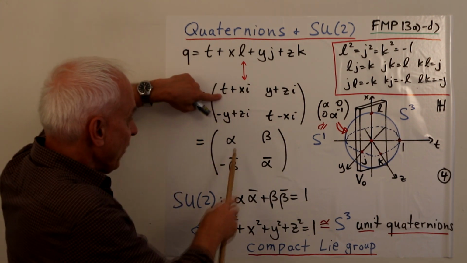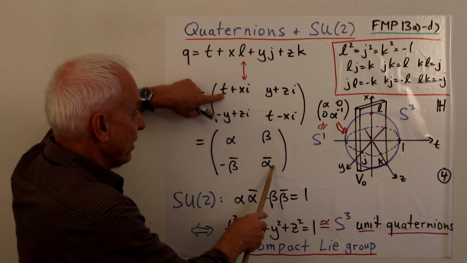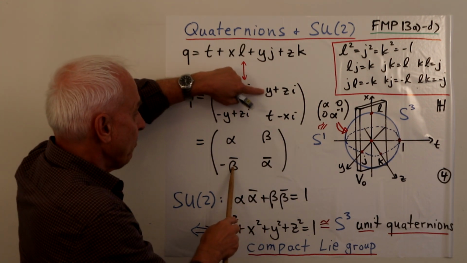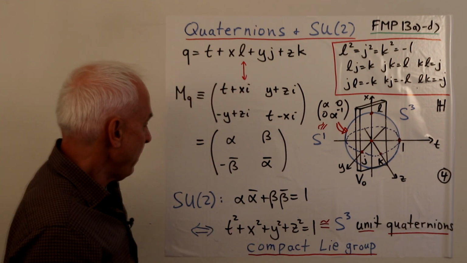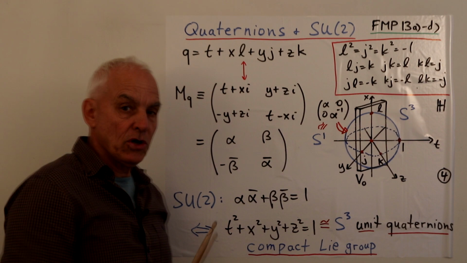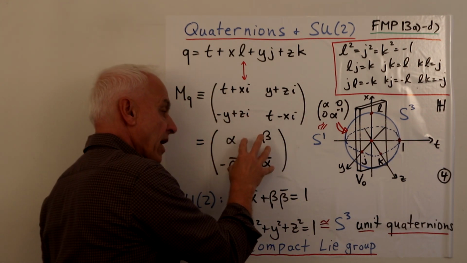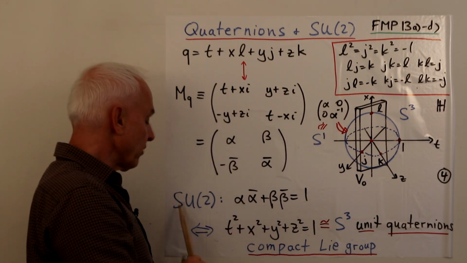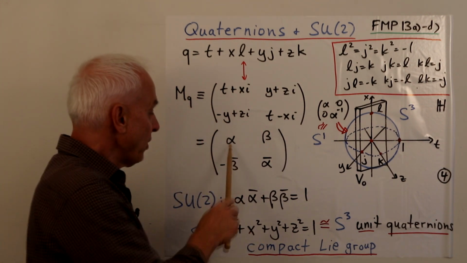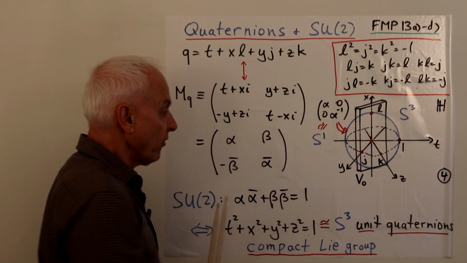Then if we call this thing alpha and this thing beta, then this thing here is alpha bar, the complex conjugate, and this one here is minus beta bar, the complex conjugate of this thing with a minus sign. And then the group SU2 is characterized by those things of this kind for which the determinant is 1, the special condition, which is the condition that alpha times alpha bar plus beta times beta bar equals 1.